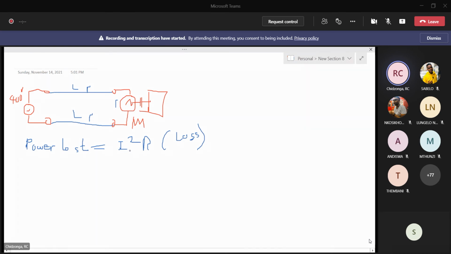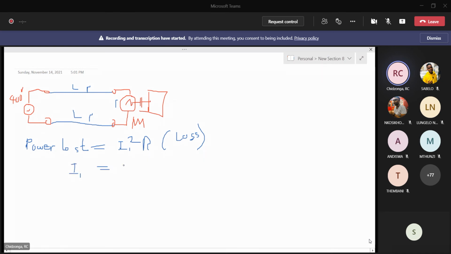From this, you are able to estimate. Of course, I'm saying estimate because that is not the only way power is going to be lost. There are other means through which power will be lost, but this is the main one. So the question then is I1.